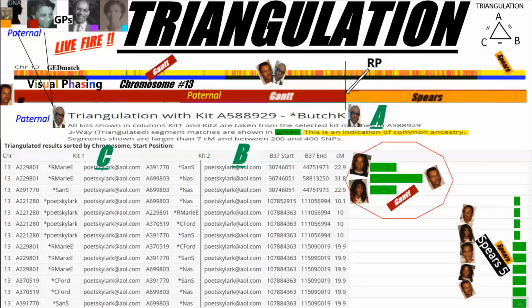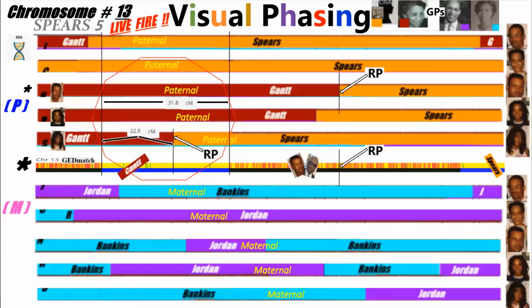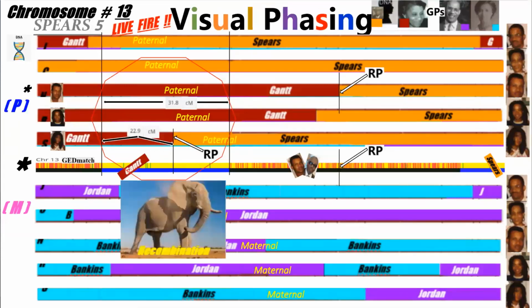So if we were to scale that out and look at it in the visual phaser, we can see that all makes sense, because in Sandy's instance, she had one of those pesky recombinations kick in, and that's why her match with Butch, which otherwise would have been as long as Nason's and Renee's, is not quite there. Recombination stepped in once again.